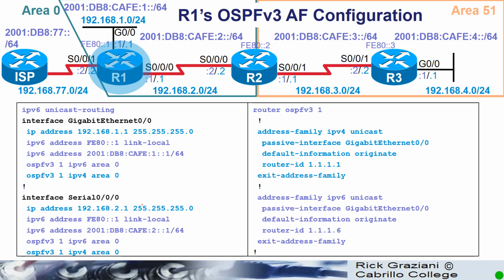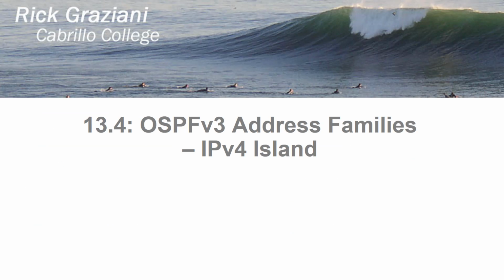Router ospfv3 1 instance, that'll be for IPv4. You can also have the address family for IPv6, all using the same instance or process ID. And again, the appropriate passive interface, the appropriate default-information originate, and the appropriate router ID.